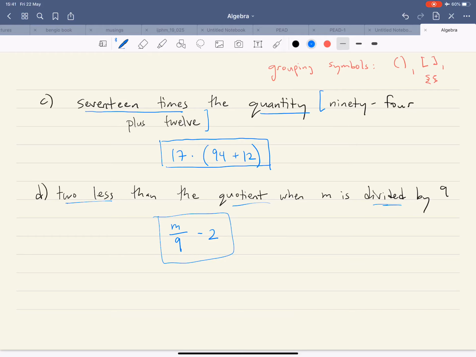Okay, so mathematical expressions often represent real-life situations. So a lot of the examples that we're going to go through or the problems that we're going to solve today are real-world situations, right?